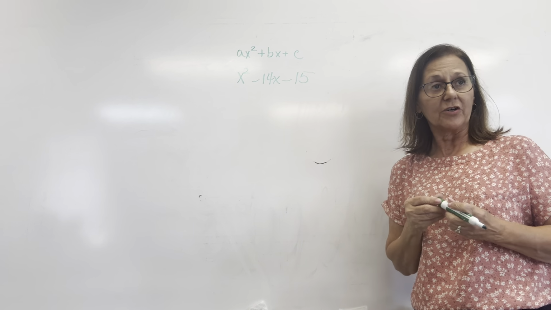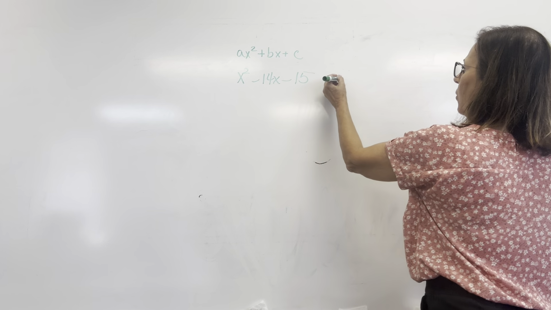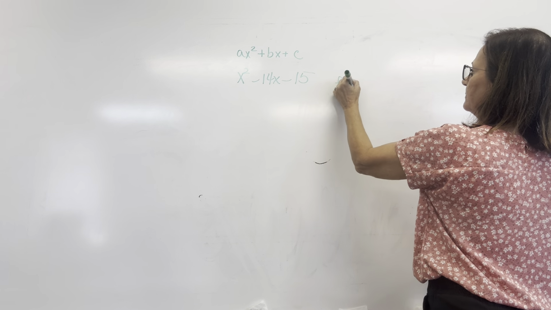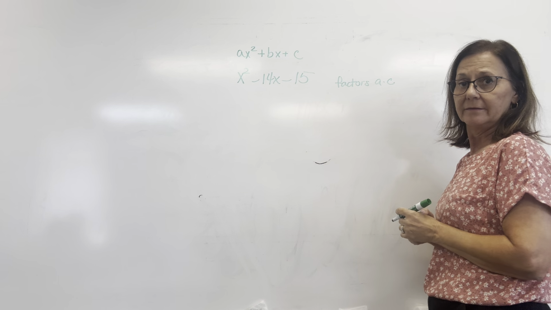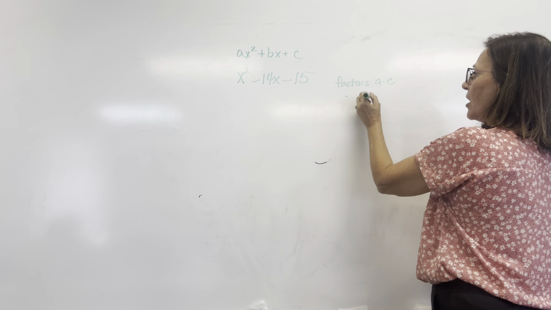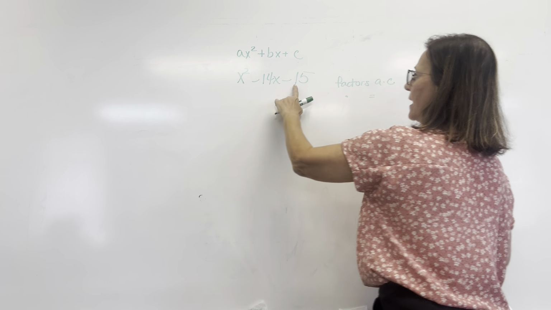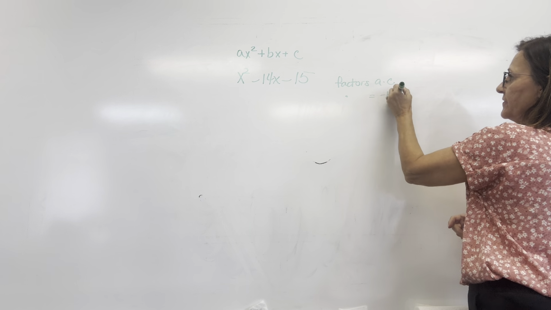When I factor, I'm looking for factors of a times c. So 2 terms multiplied equals 1 times negative 15, or negative 15.